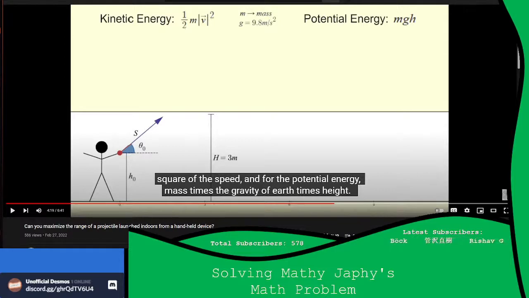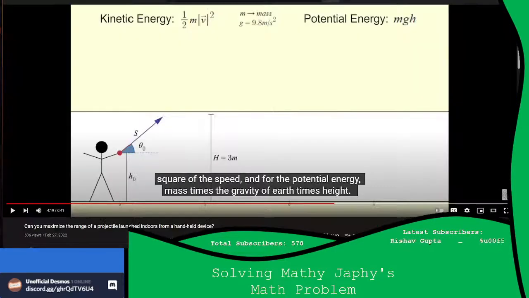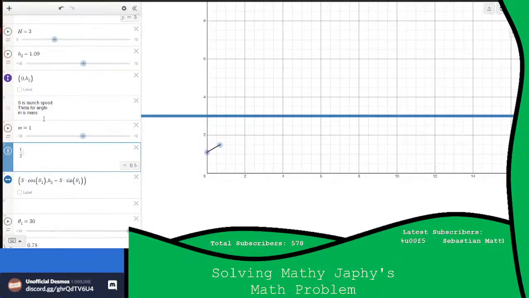Wait, if we add that up, then, you know, energy. So 1 half m v squared. Wait a second. You don't need the absolute value because that is going to be positive.